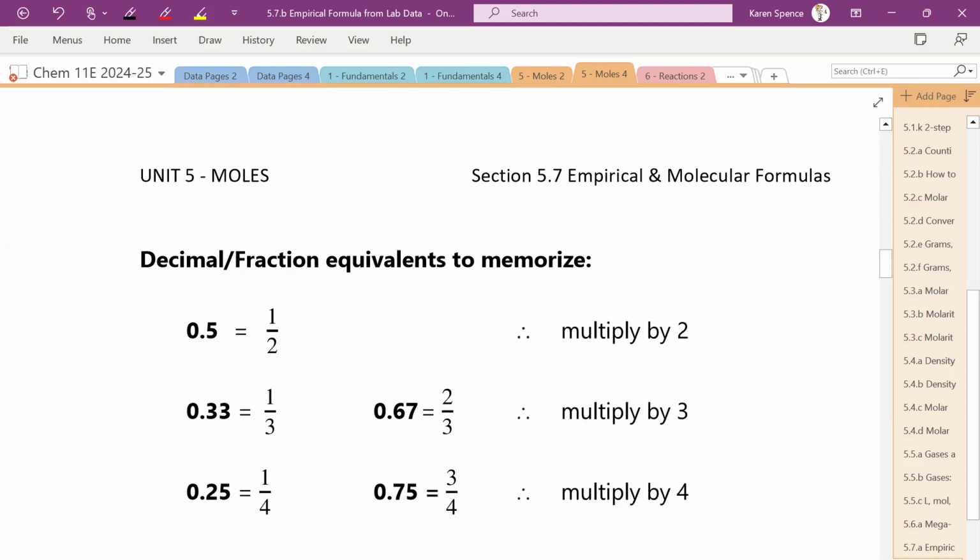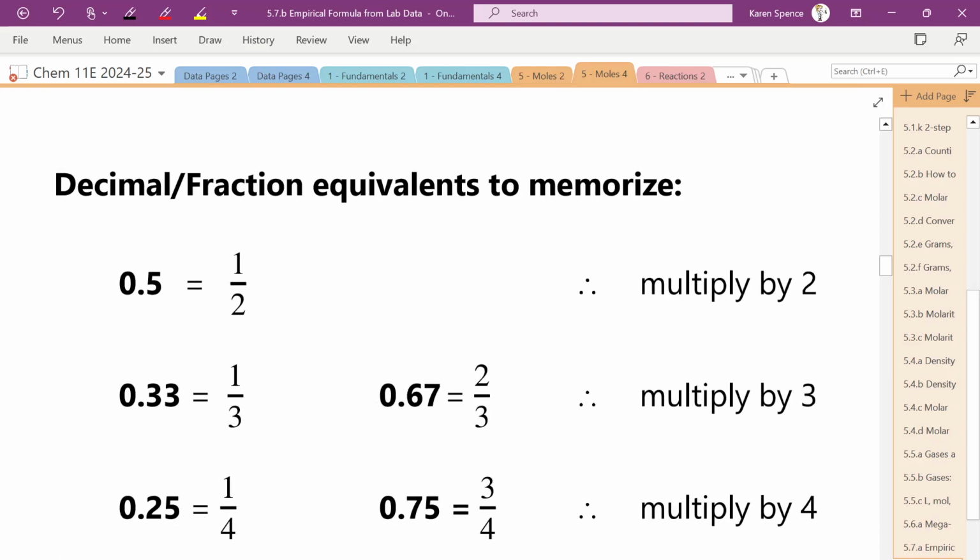If you have a half, obviously you have to multiply by 2 to get a whole number. Yes? If you have 1/3, how do you get rid of that third on the bottom? You multiply by 3. If you have 2/3, how do you get rid of that 3 on the bottom? You multiply by 3. Yeah?